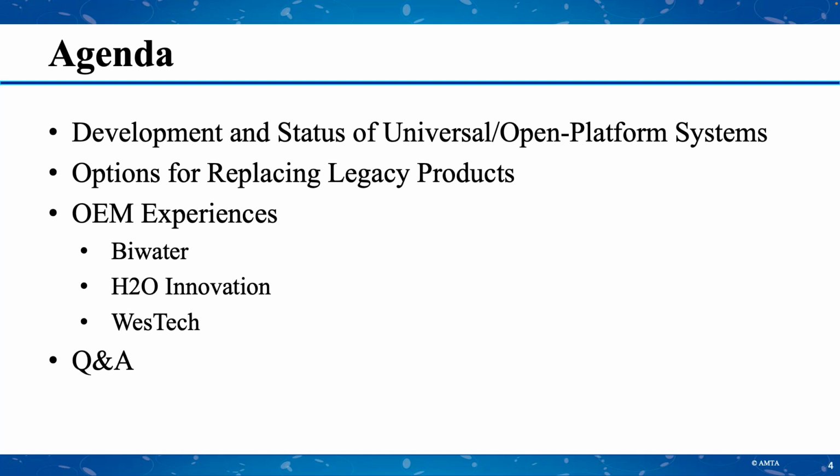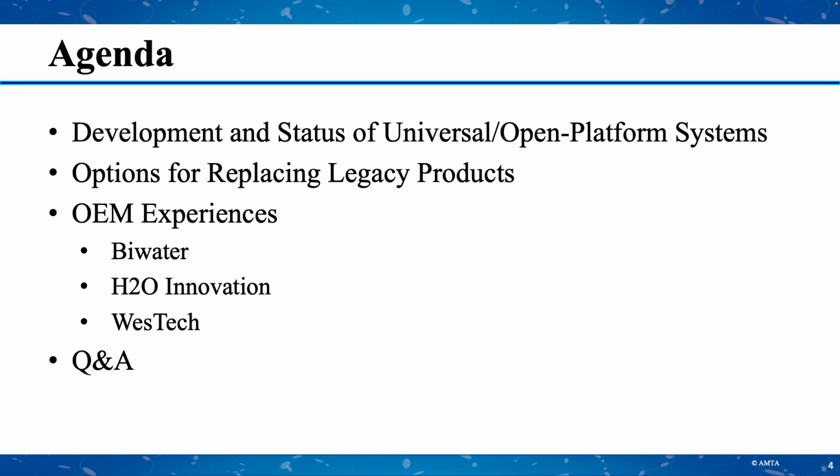I'm going to give a very brief history of UF and MF system supply, and then explain how and why we went from a market that was dominated by proprietary systems to one that is now mostly calling for open platform systems. Then I'll go over options for replacing legacy products.